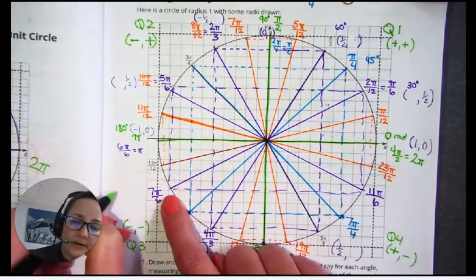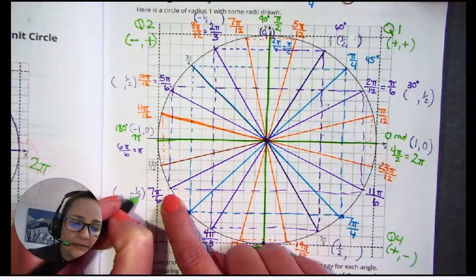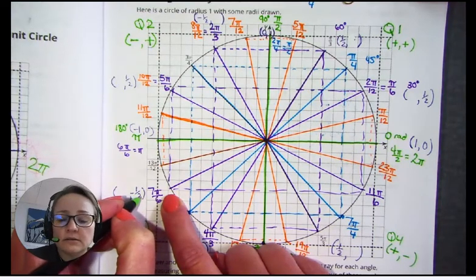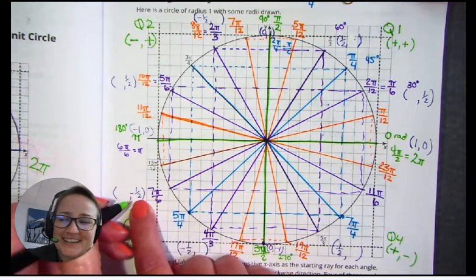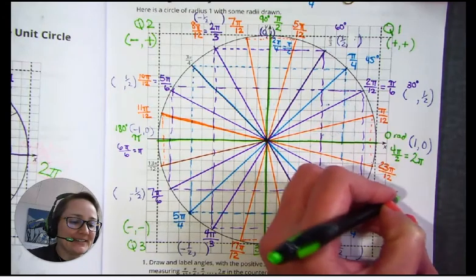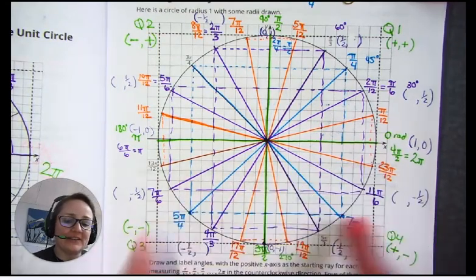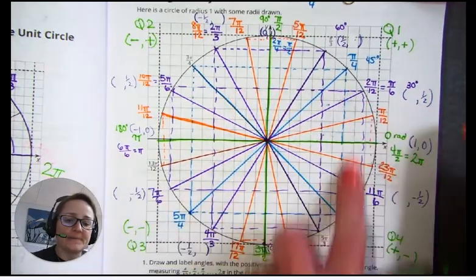So now the 7 pi over 6, don't know what our x coordinate is yet, but our y coordinate is negative 1/2. And same thing with our 11 pi over 6. Just keep on kind of tracing these things so that I can see how these things are connected going on here.